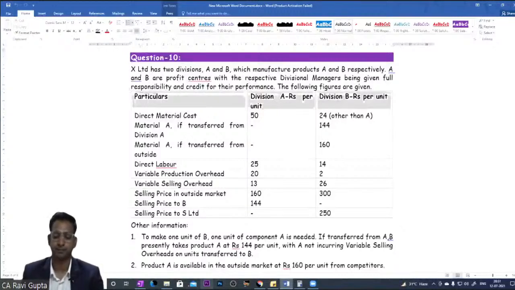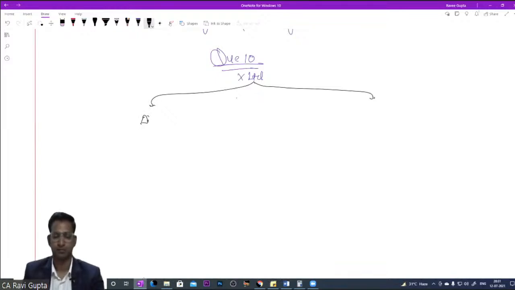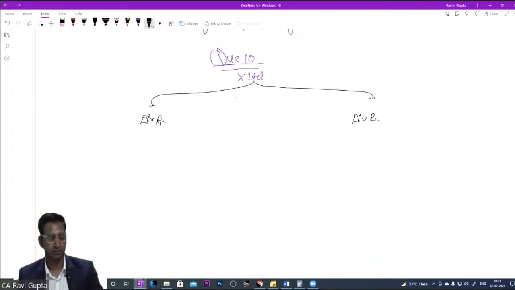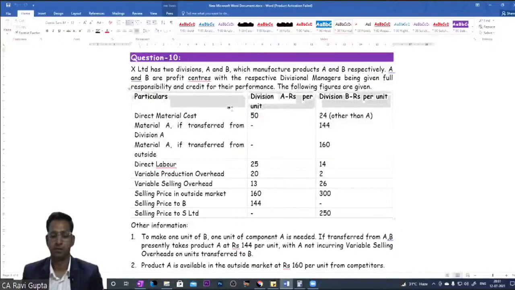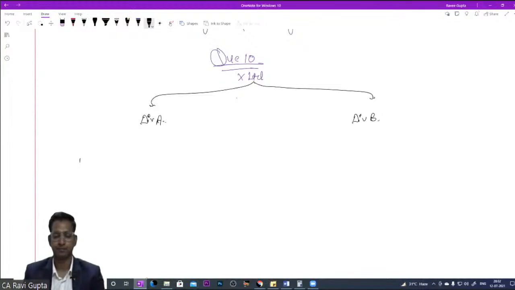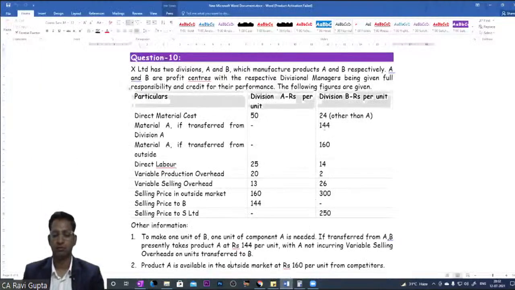Information has been given. Division A, direct material cost 50 rupees. ₹24 other than direct material for B. Then material A cost 144 if transferred from division A, and if purchased from outside it will be 160.